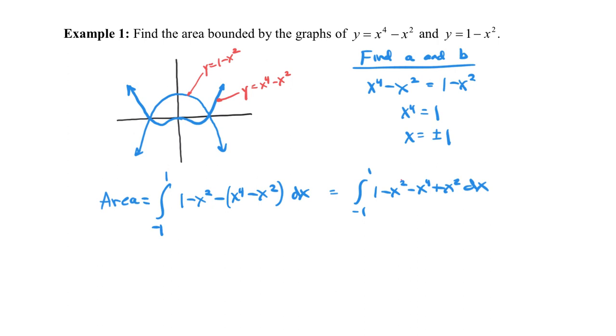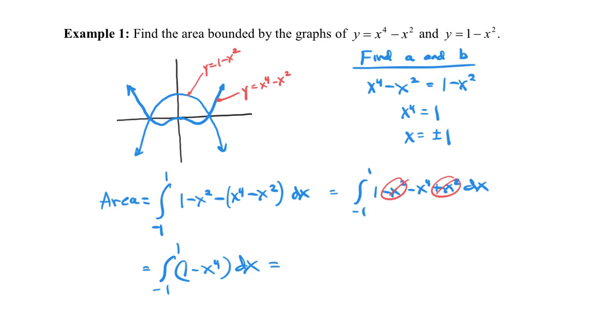Then we can see that minus x squared plus x squared will go away. So we end up with the integral from -1 to 1 of 1 minus x to the fourth dx.